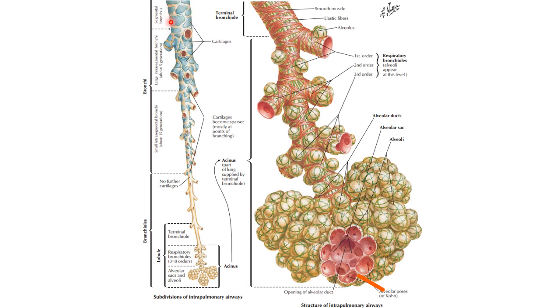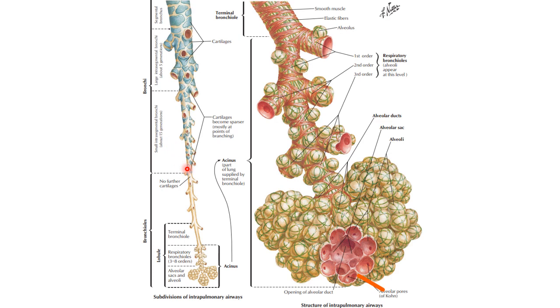And then the segmental bronchus progressively gives smaller branches or divisions called intrasegmental bronchi. Then that continues on to become small intrasegmental bronchi. And at this level, you already have 15 generations, meaning 15 splitting of the tracheobronchial tree.